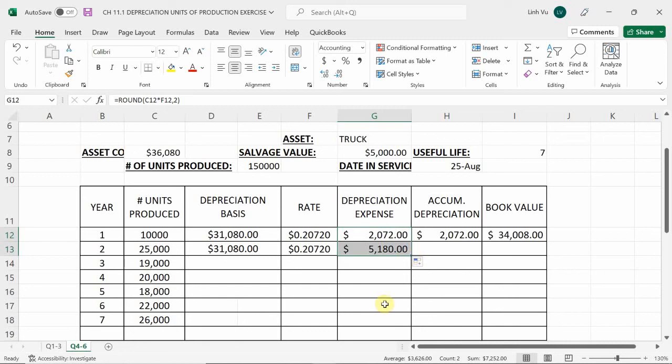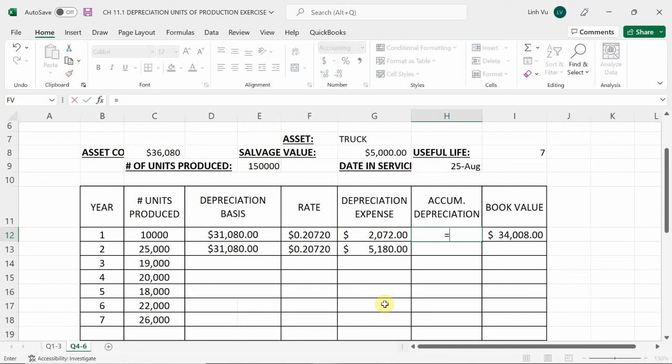Okay. All right. So then what is going to be my accumulated depreciation? How much have I racked up in depreciation? That's what accumulated means.